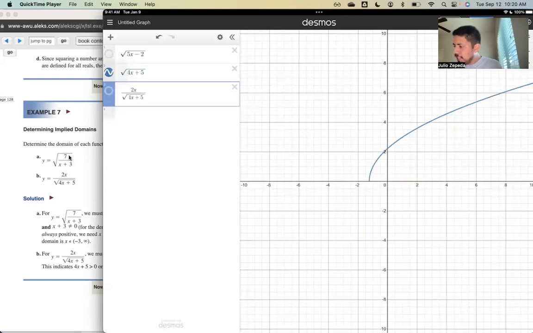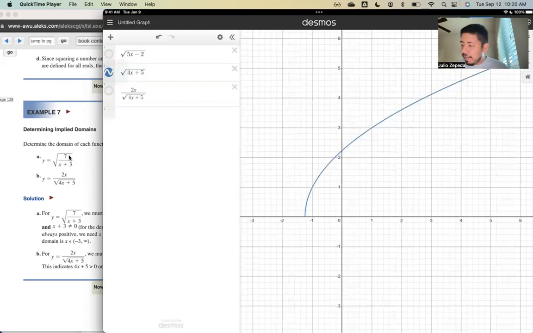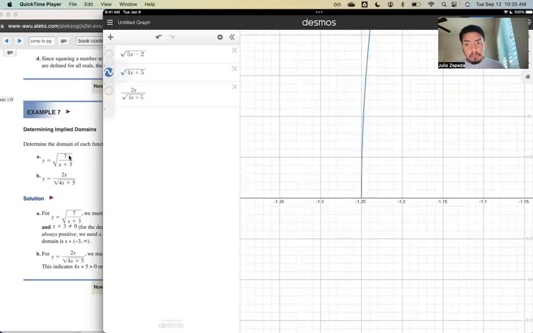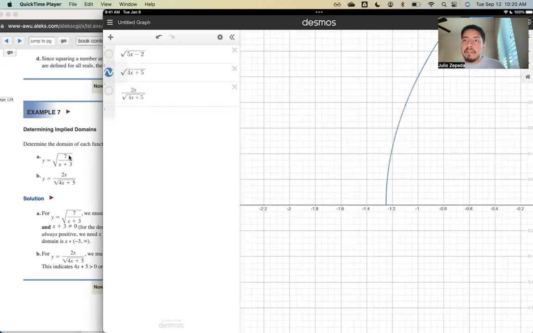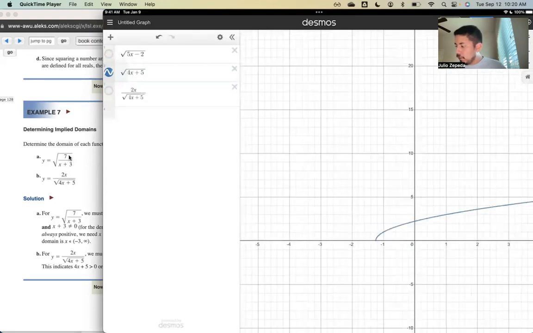Okay, so let me hide this really quick just for a moment. Notice that the square root of 4x plus 5, its domain is -1.25 to infinity. So that's -5/4, right? To infinity. All right, cool.